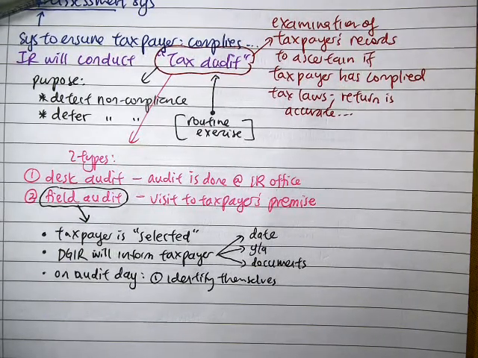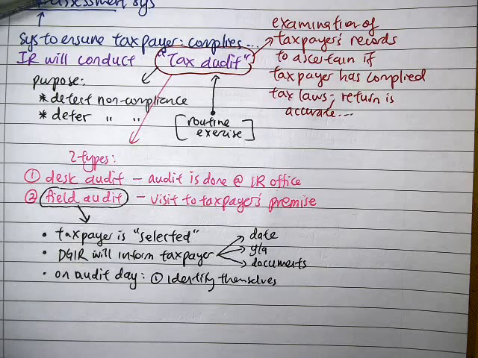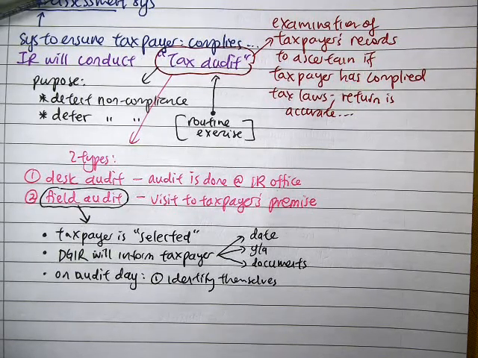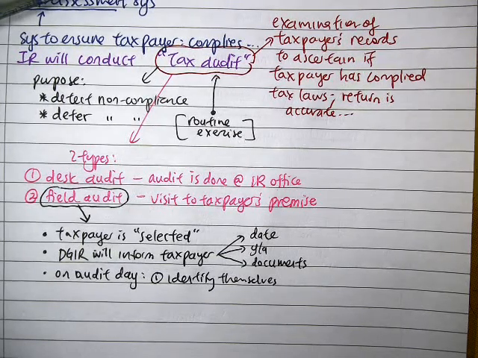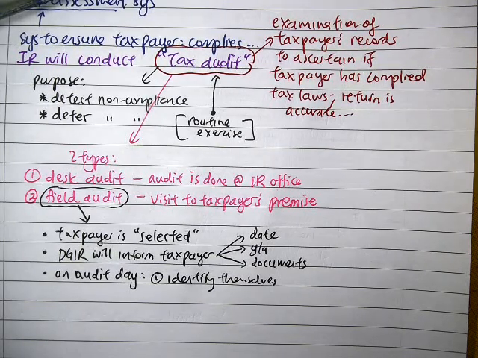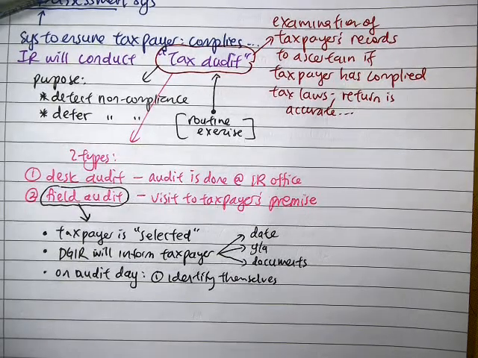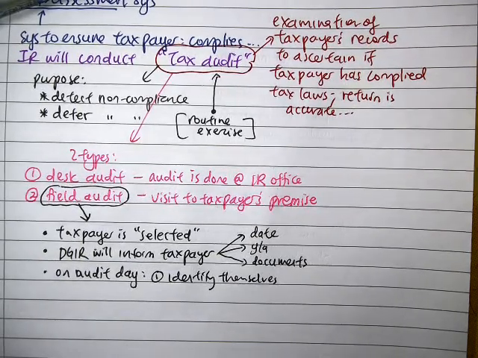When they show you the ID card, you have the right to not believe them and not let them come in. You say, I want to check your ID. Then you say, I still don't know whether you're the real person, let me call the Inland Revenue Office. You can do that. In Malaysia now, you know it's not safe. A guy can just pretend to be an Inland Revenue Officer, come in and rape you. So that's why you can do all that. That's your right. You don't allow him to come in until you verify that he's a real person.